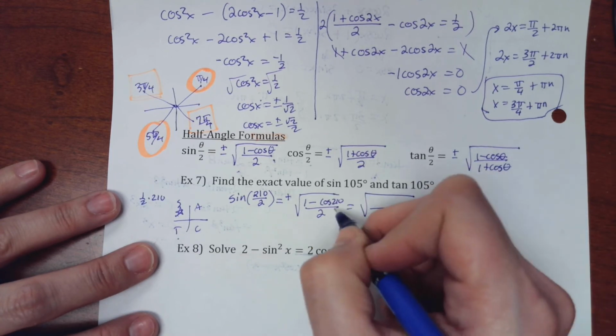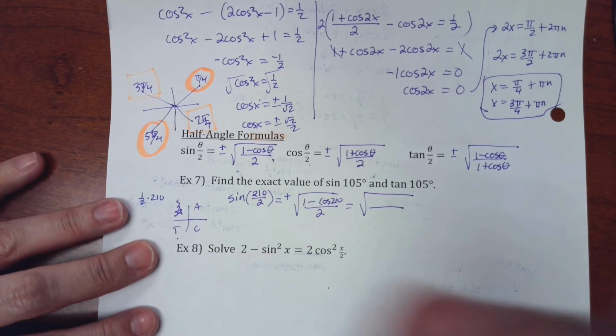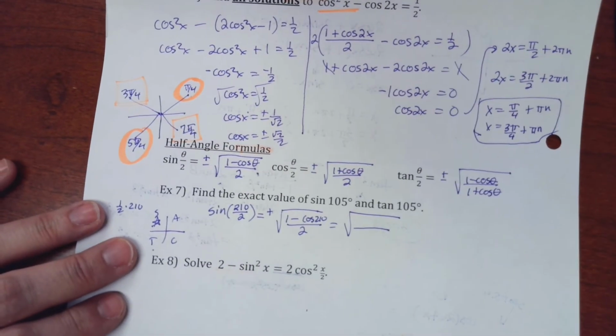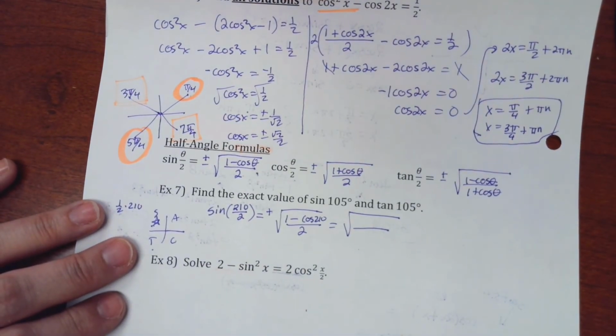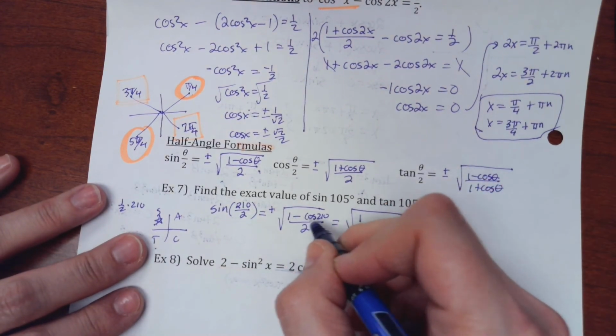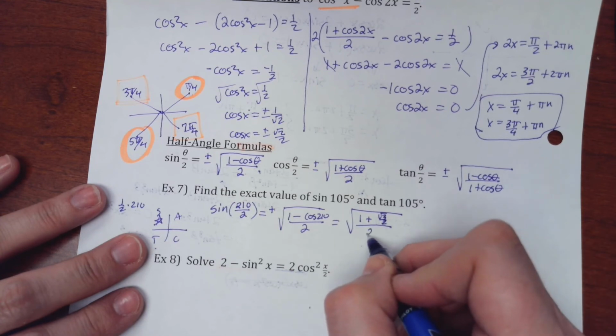I'm just going to clean this up. The cosine of 210. Oh, let's see, 210. Whoopsie. Cosine of 210 is radical 3 over 2, but it's negative. So minus a minus would be plus radical 3 over 2 and over 2.